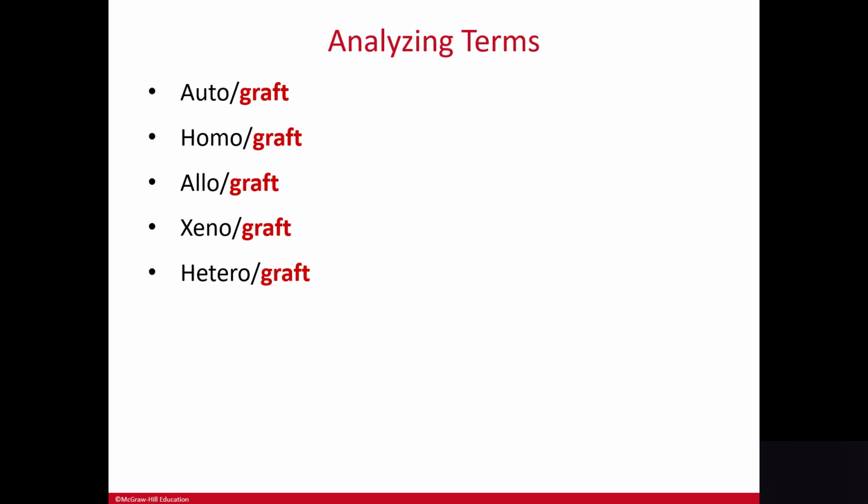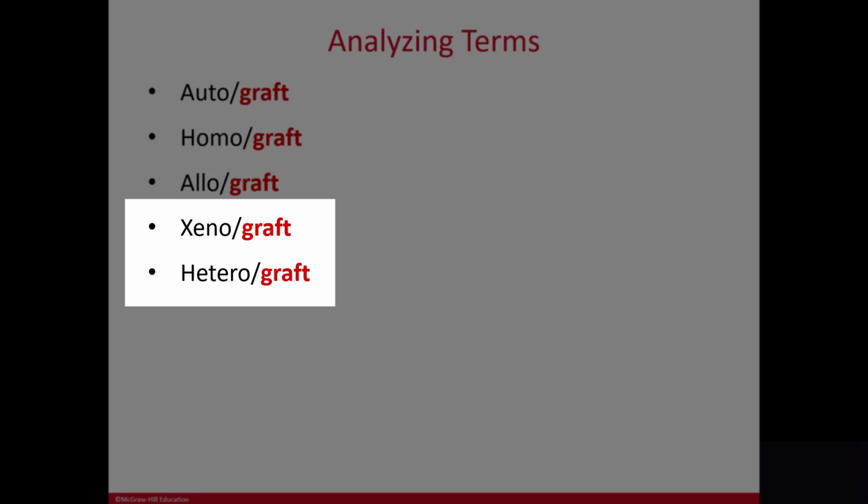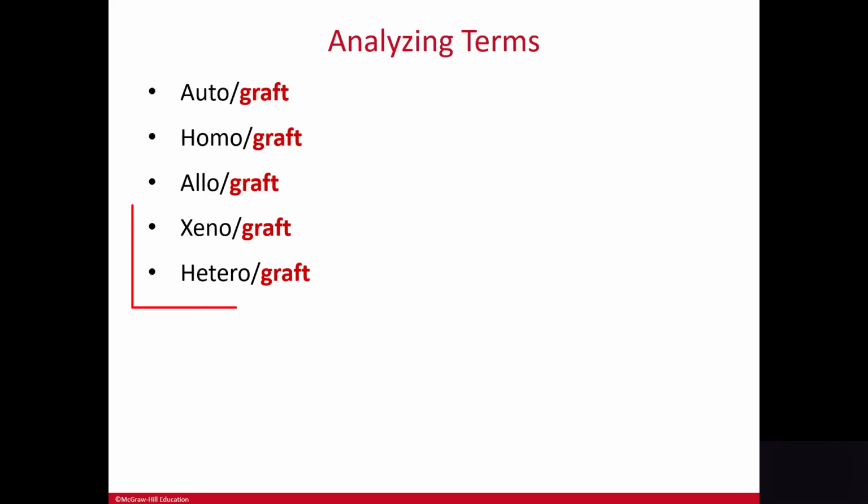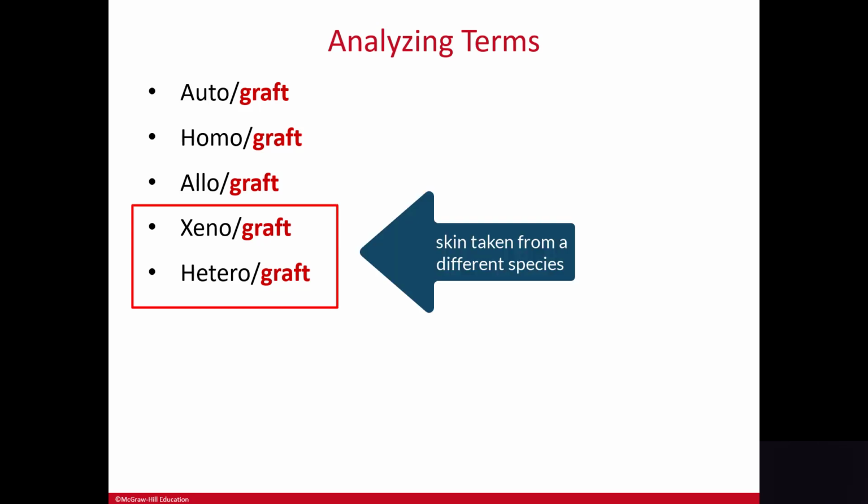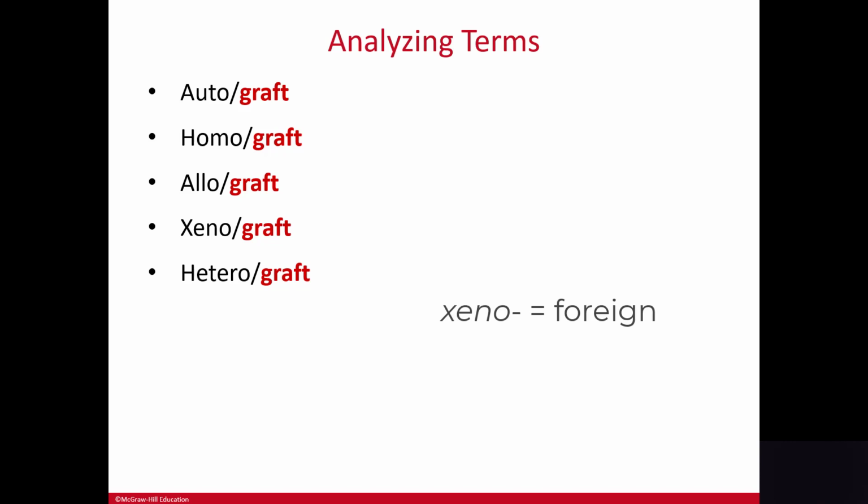Another type of skin graft is xenograft or heterograft. Those two terms mean the same thing. But in these terms, we're taking it from a different species. So xeno means foreign and hetero means different. So in a xenograft or a heterograft, we're usually taking skin from a different species.